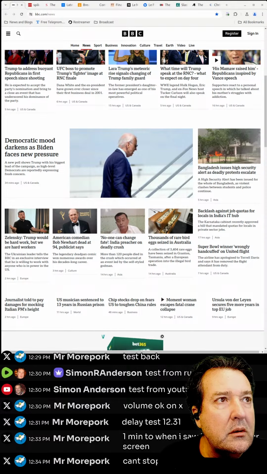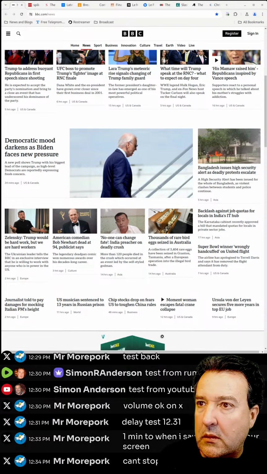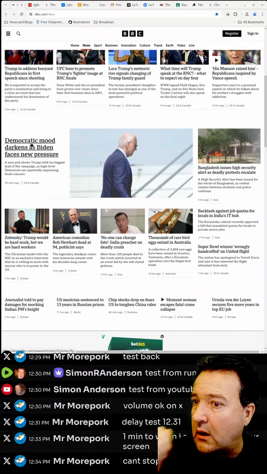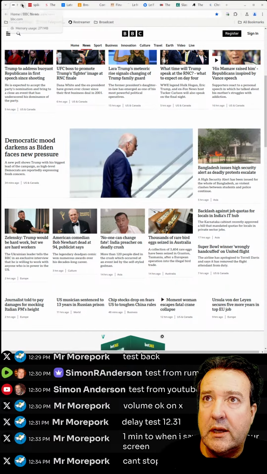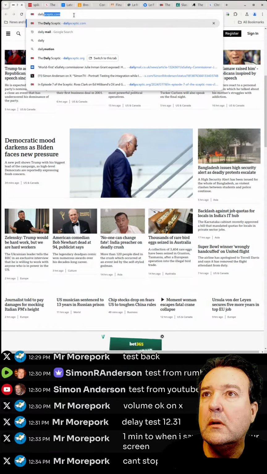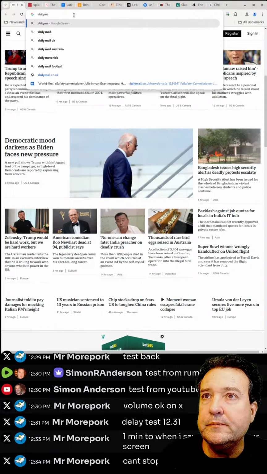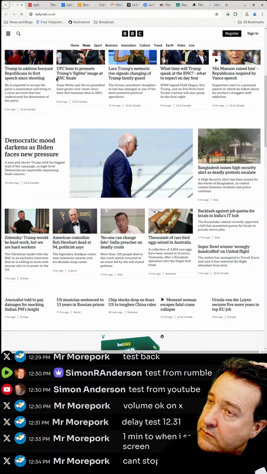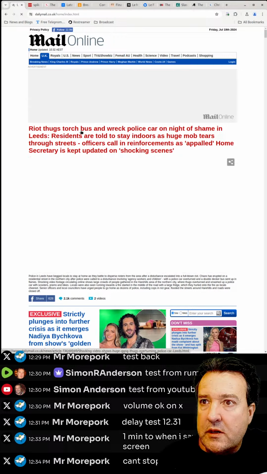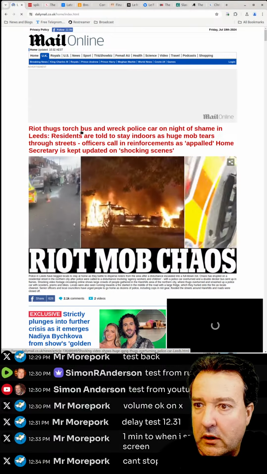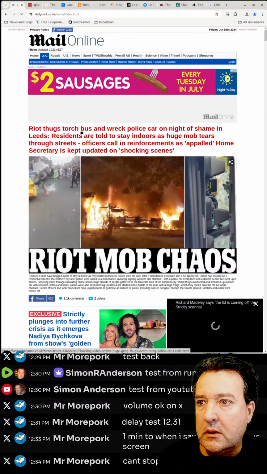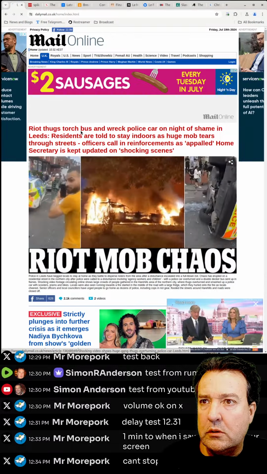Okay, so having a look at that. Yeah, so no coverage that I can see whatsoever in the British press I've looked at. Maybe I'll have a look at the Daily Mail. Right, okay. So here's the first coverage that I found in the British press. So yeah, there's mob violence going on inside Britain.